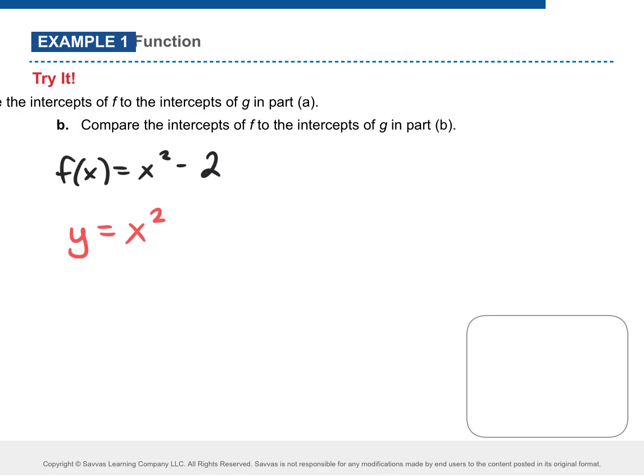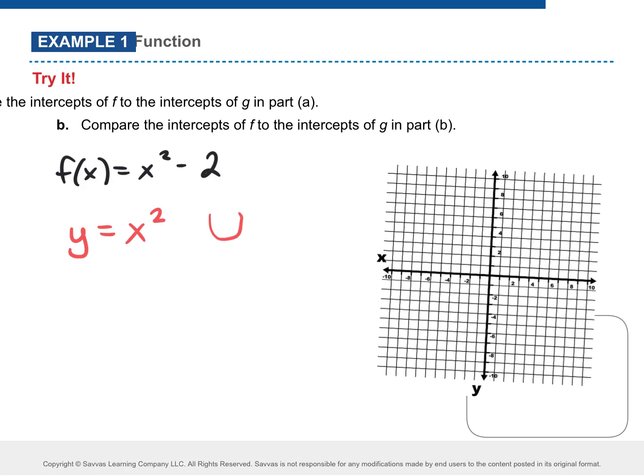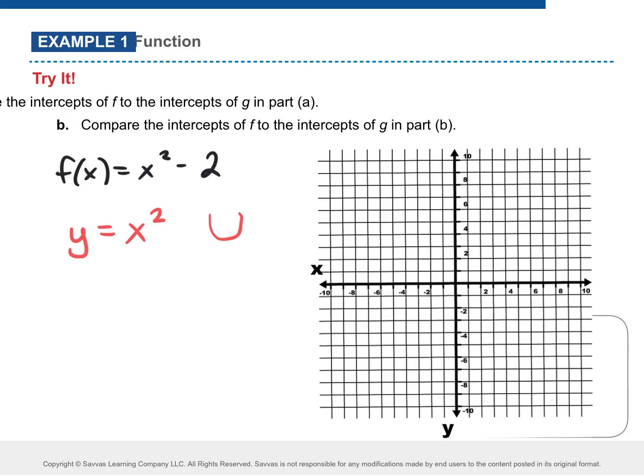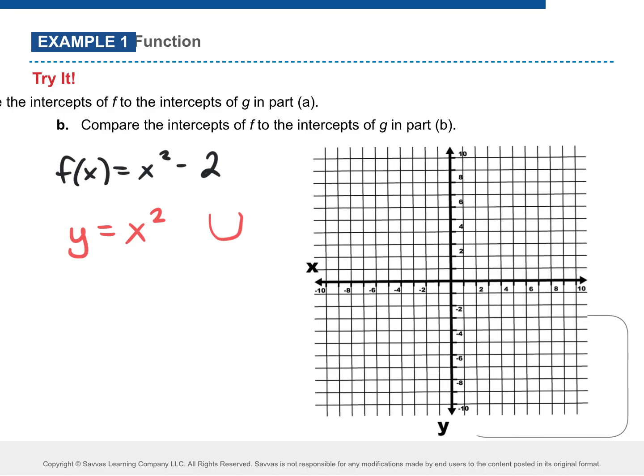Since it has that x squared, we know it's coming from this original parent function. And you're correct, it is in the shape of that u. So on your graph, go ahead and draw the original parent function, which would look like, starting where? 0, 0, and then that U shape. Go ahead and draw that.